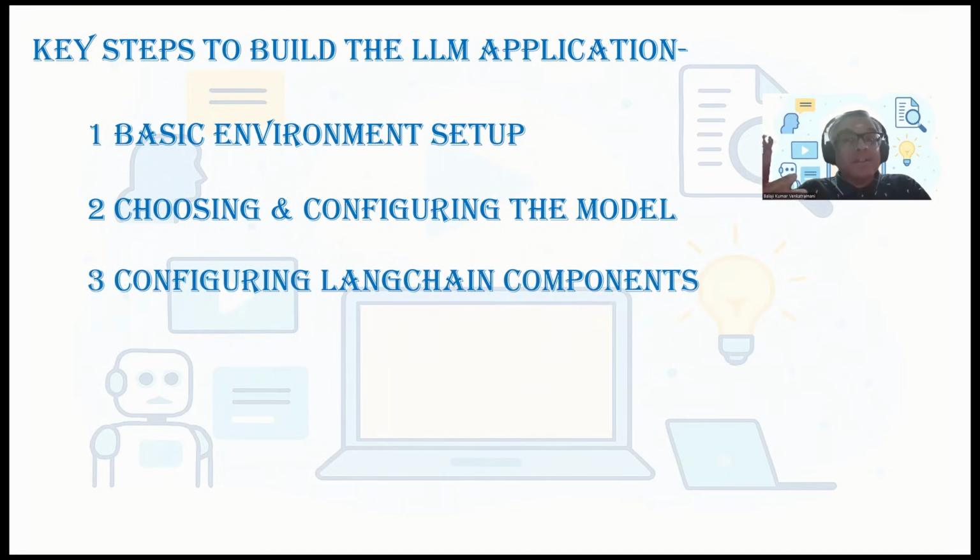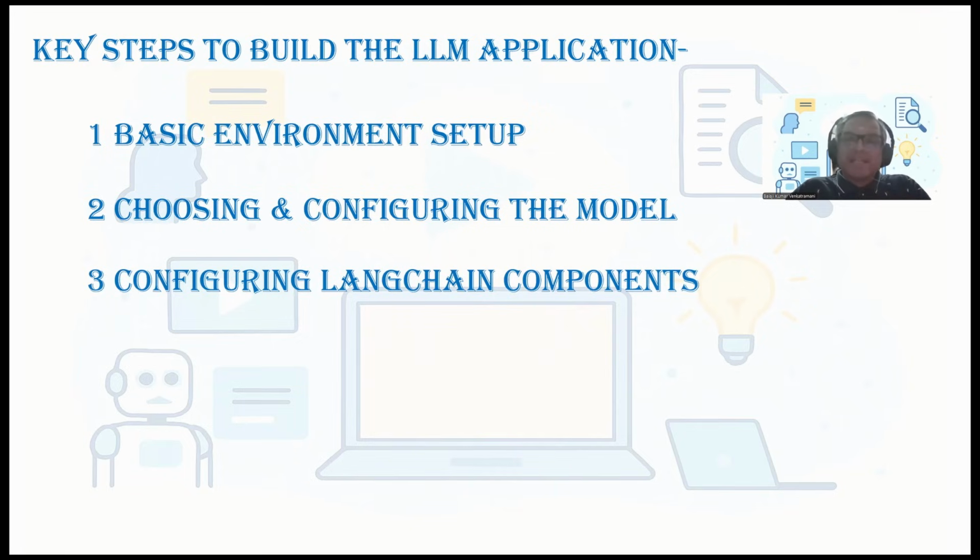Once we have the model ready, then we look at one of the most powerful open source frameworks built in Python, which is called LangChain. And I'll cover a few more details in terms of how LangChain absolutely simplifies building of AI applications when we get to that step.